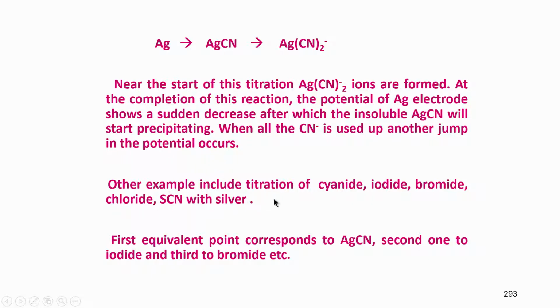Other examples of complexation titrations include silver cyanide, silver iodide, silver bromide, silver chloride, silver thiocyanate, and any other precipitation reaction you can do, but most of them should be sparingly soluble salts. The first equivalence point will correspond to that species for which the solubility product is highest.